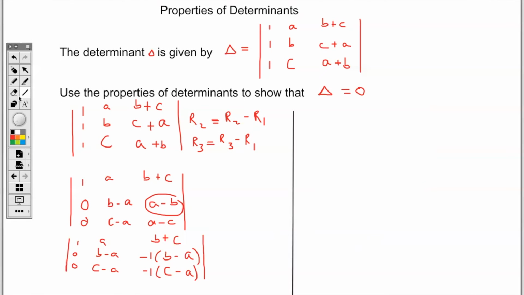So now we can factor out B minus A and C minus A out of row 2 and row 3 respectively. So factor out B minus A. I will also factor out C minus A.